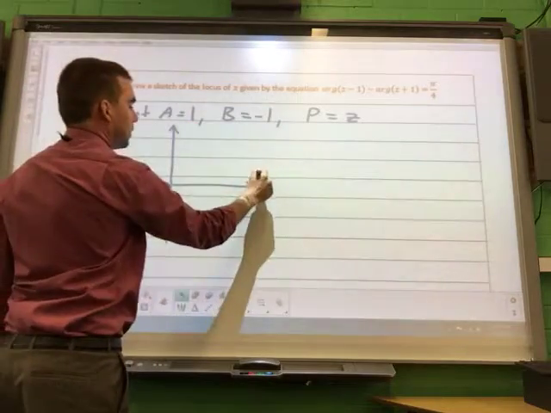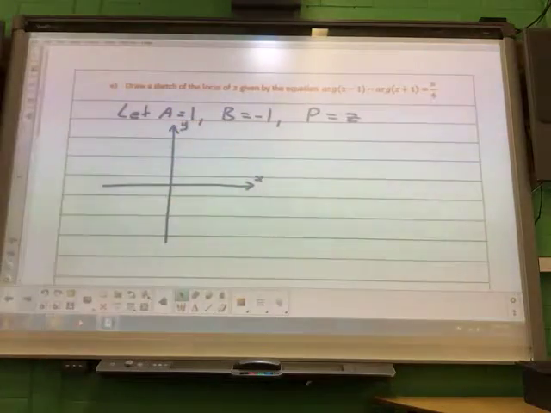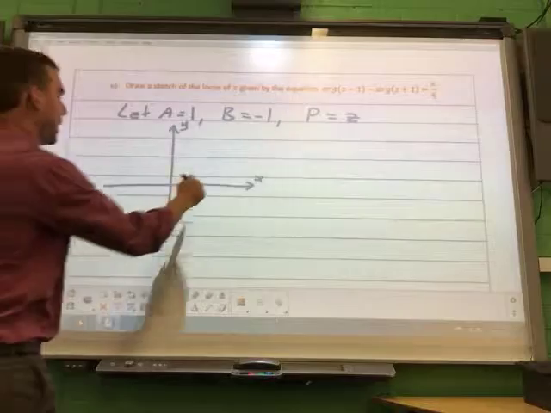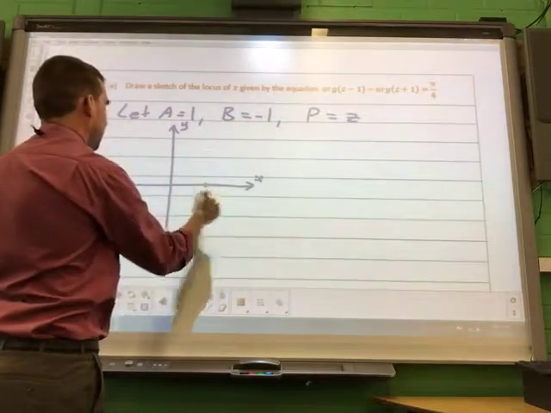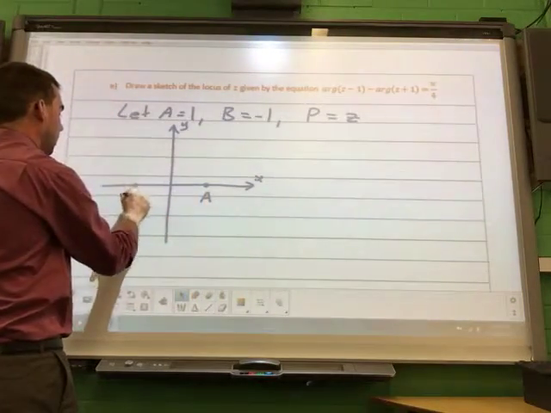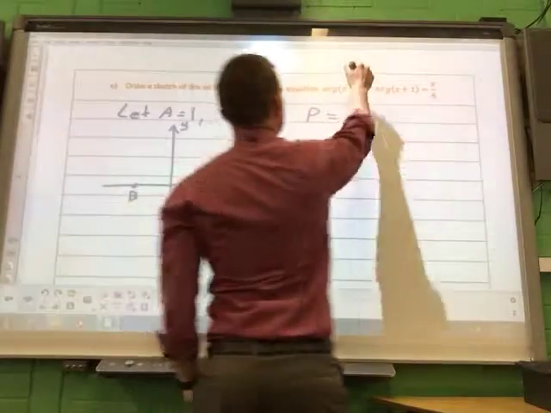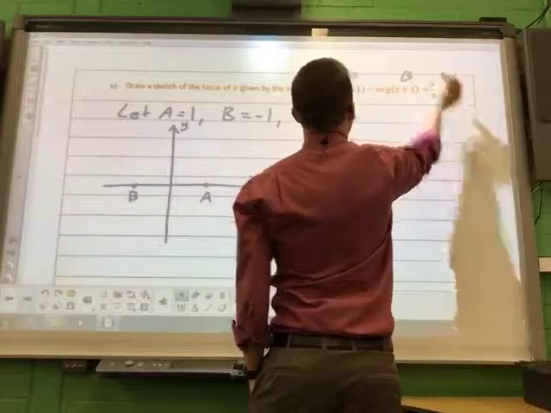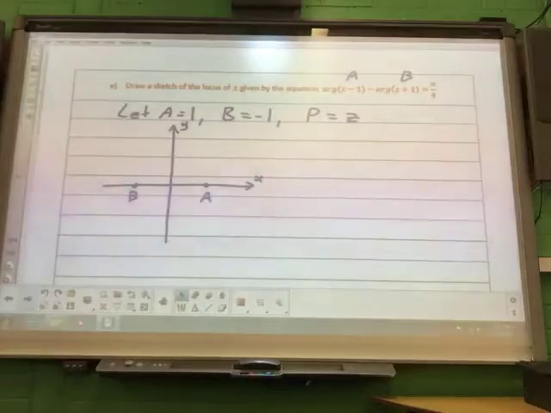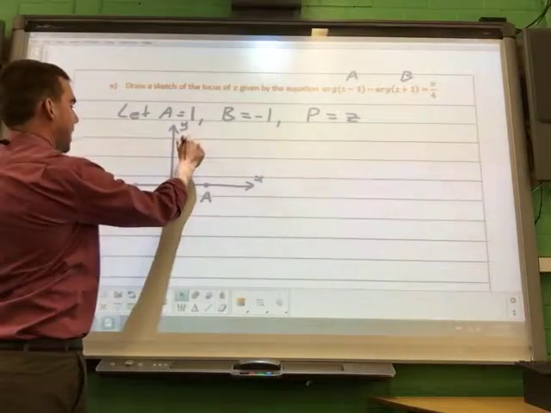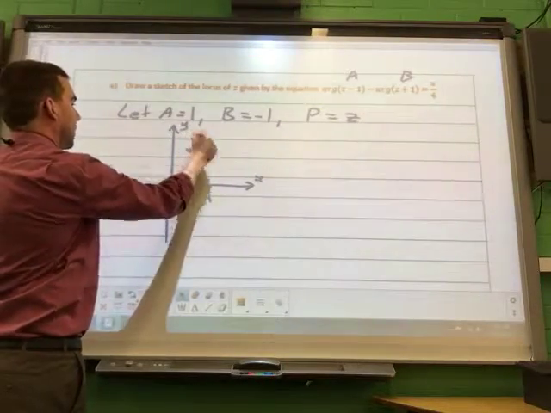Okay, so there's your real axis, there's your imaginary axis. So A and B are the centres for the two arguments, so it's represented by A, B. And then you have some point P that makes a locus. So I'm going to make P up there.